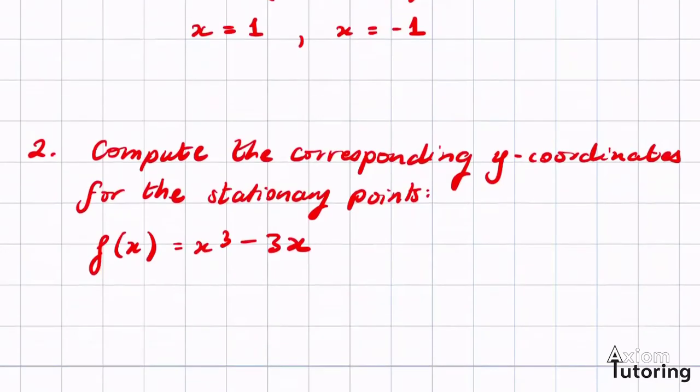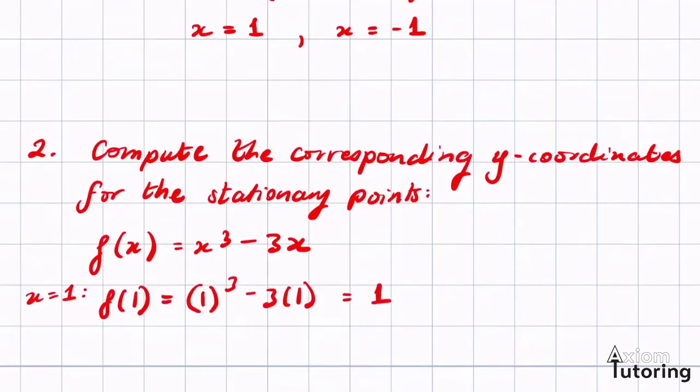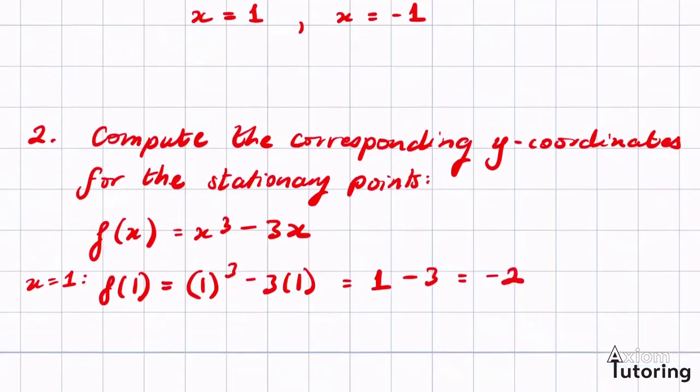So for x equals 1, we're computing f of 1, which is 1 cubed minus 3 times 1. That's equal to 1 minus 3, which is equal to minus 2. So our first stationary point, let's call that point P, is (1, minus 2).